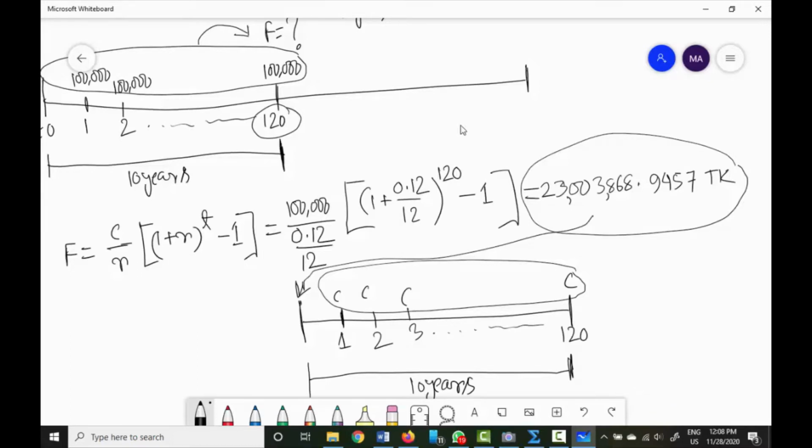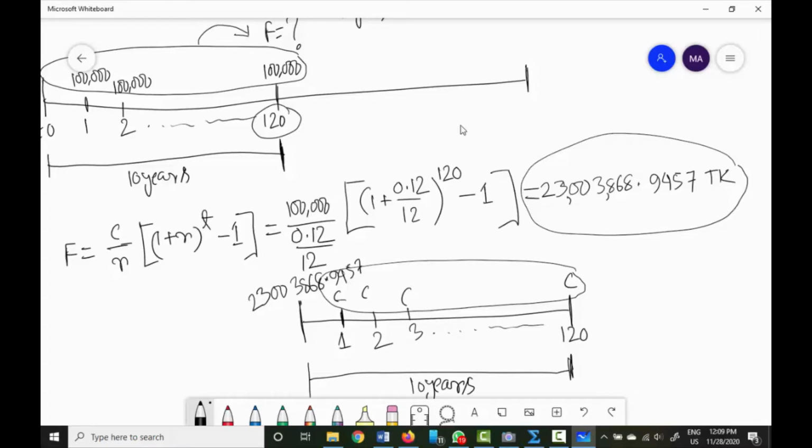So this is the amount you have accumulated. So after 10 years you have this much money in your account. Since you deposit this much after 10 years, the bank will give you a certain amount of cash flow.